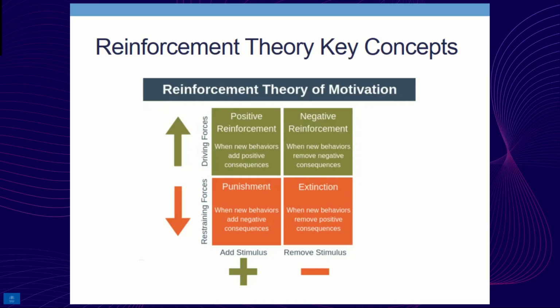The employee is under no illusion that they must improve their language or they could lose their job. Don't confuse punishment with negative reinforcement. Punishment is giving something negative, whereas negative reinforcement is the taking away of something negative.